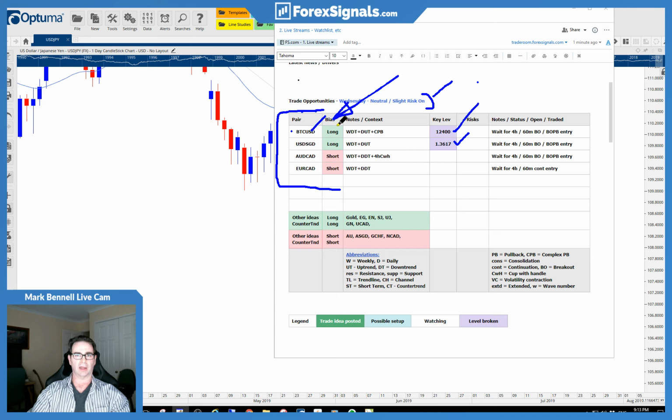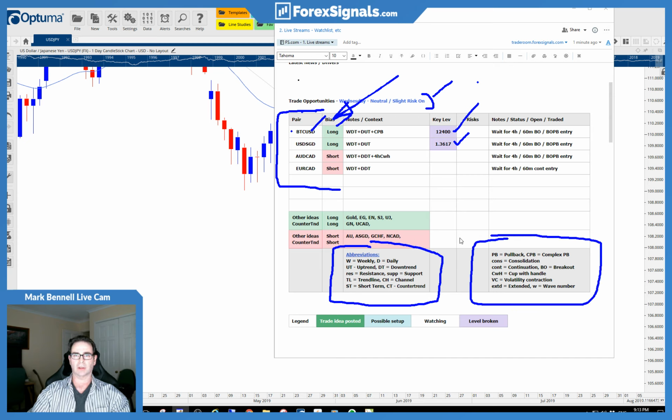So the pair, the bias, and then you can look down here for the abbreviations, what these mean, and whether it's a breakout entry or a continuation. So the breakout is your typical, we want to see a breakout or the breakout pullback when price pulls back.